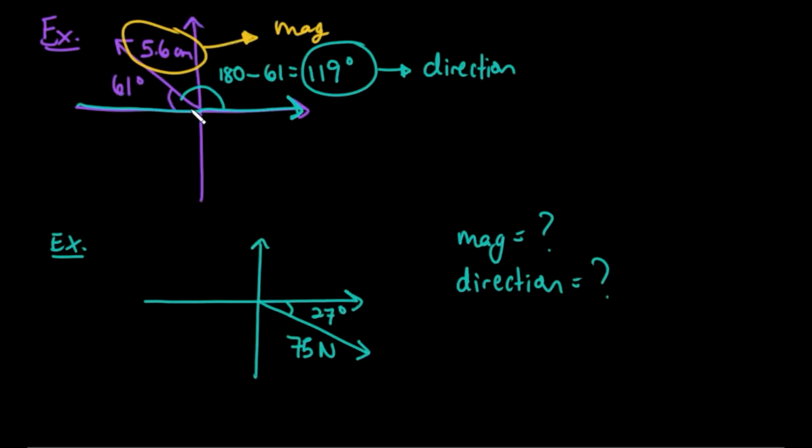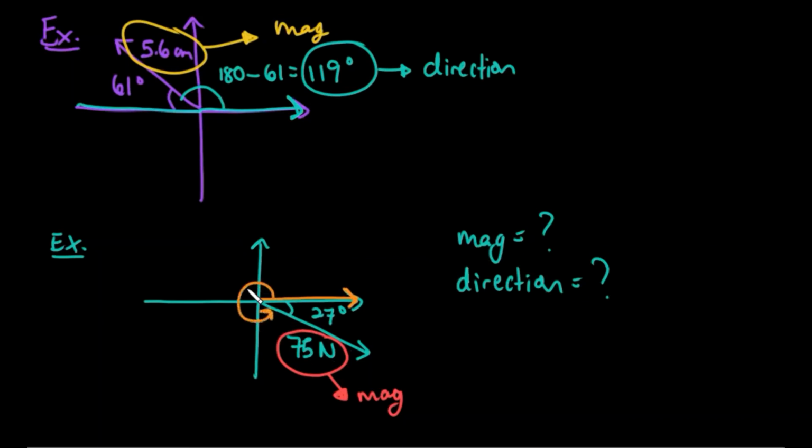Excellent. So we know that this right here is our magnitude. However, this right here is not our direction. Remember, we have to measure with respect to the positive x-axis, and we have to go counterclockwise.